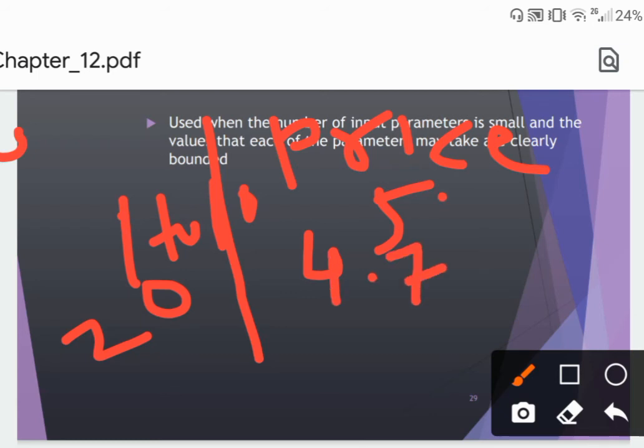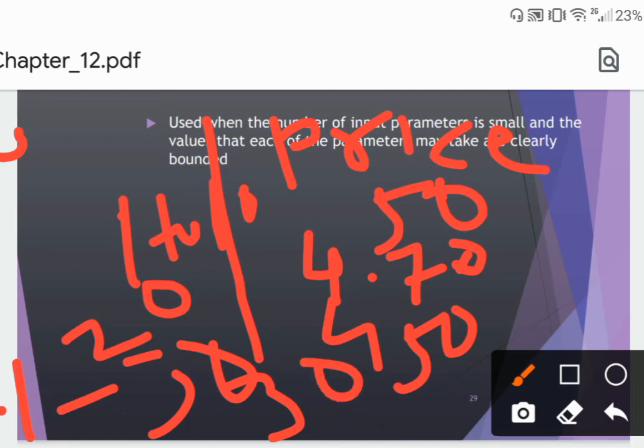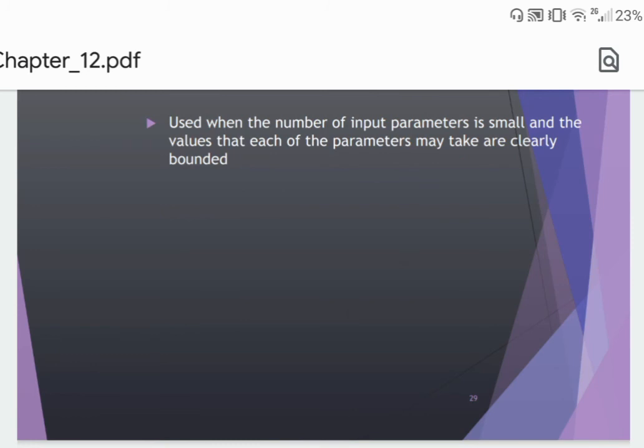Suppose this is 50 rupees, then this will be 470. Next, if the unit number is between 21 to 30, then the price will be 450. If it is more than 30, then the price will be 400 rupees. So as the quantity is increasing, our price is decreasing.